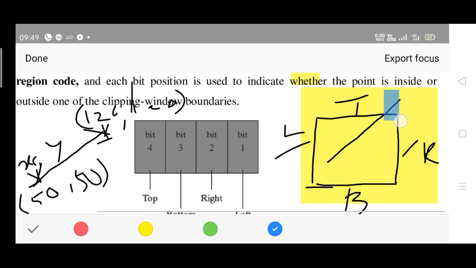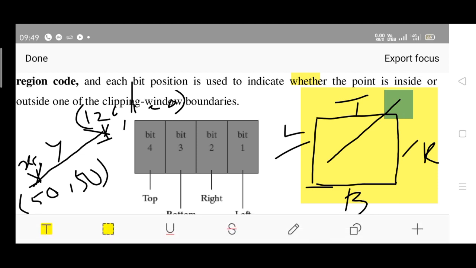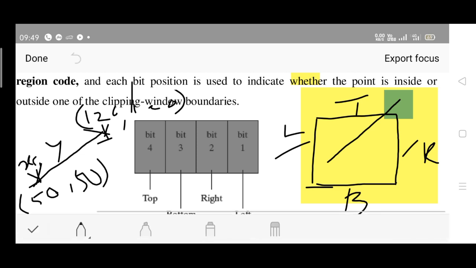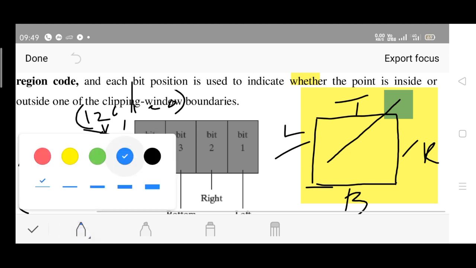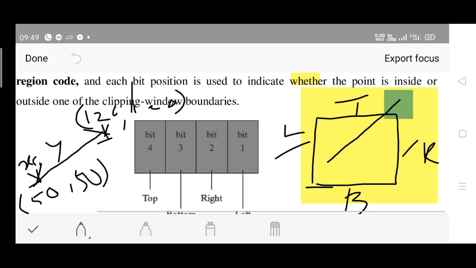This particular portion of the line segment falls outside the clipping window. If it falls outside the clipping window, then what is to be done? You have to redraw the line segment by defining a new clipping window. This portion should be clipped off.